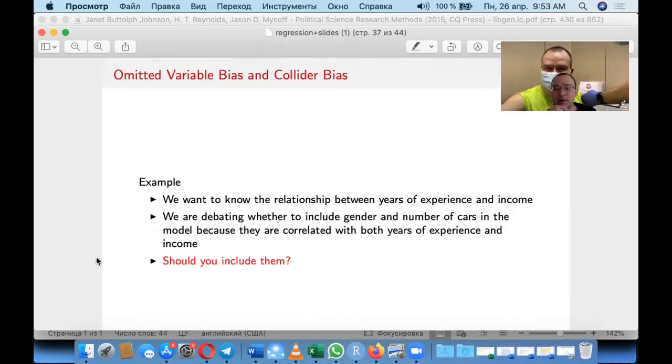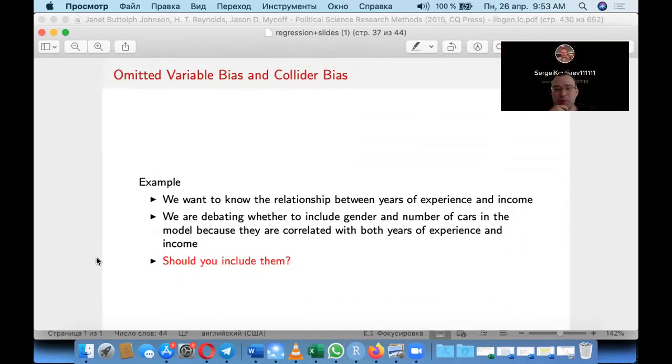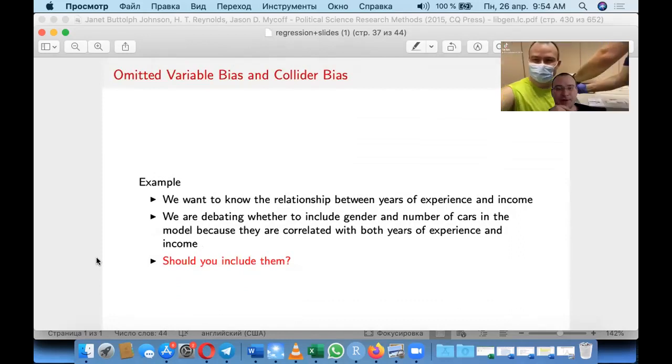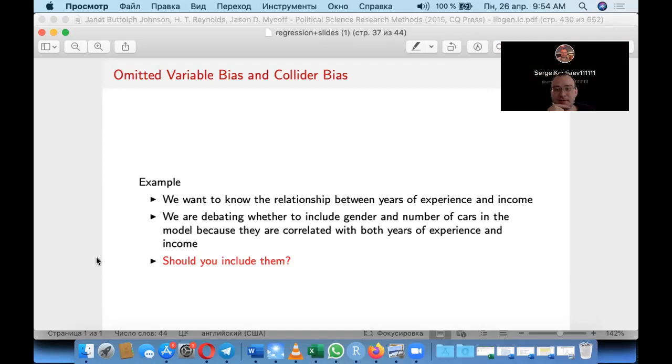A very simple one. Experience and income, two variables which probably have some kind of correlation, right? And also you think there might be omitted variables, for instance, gender. For instance, we all know that in the United States, women make less than men. So controlling for gender in this case makes perfect sense. But there is, for instance, such a variable as the number of cars, right?